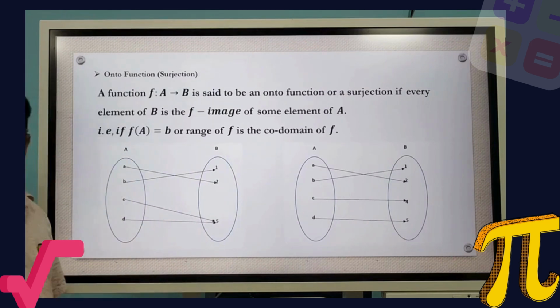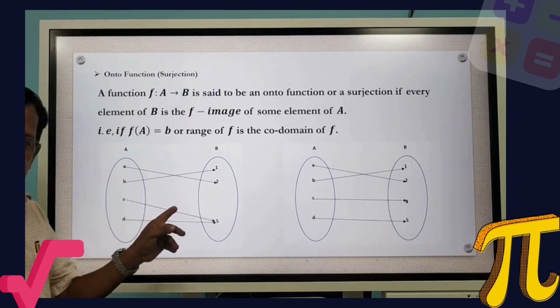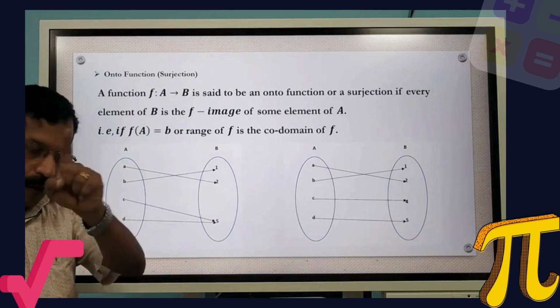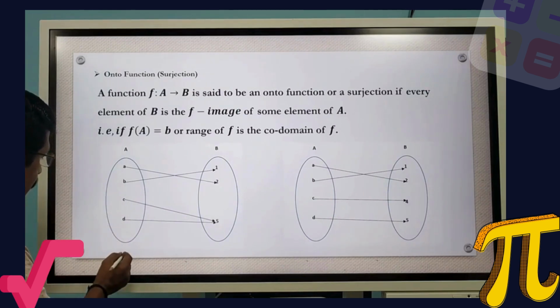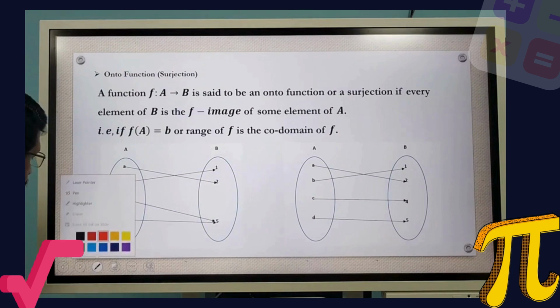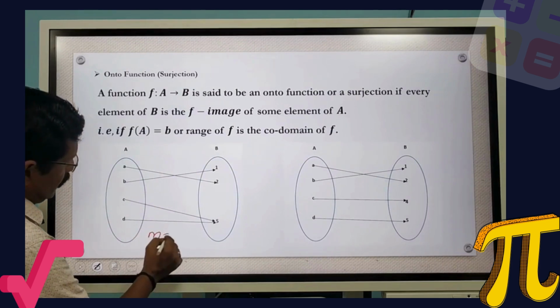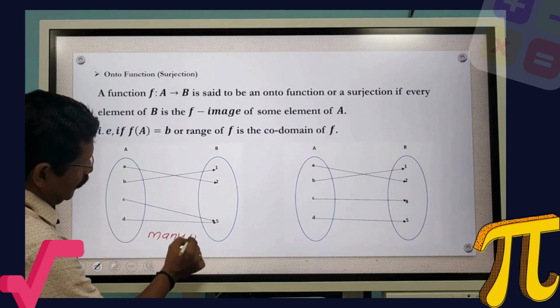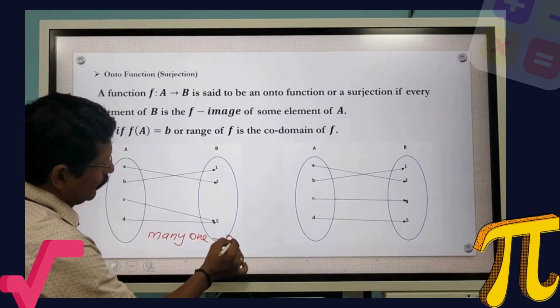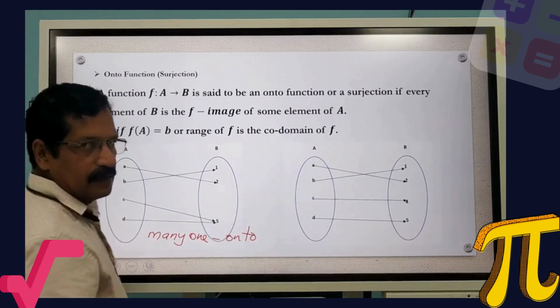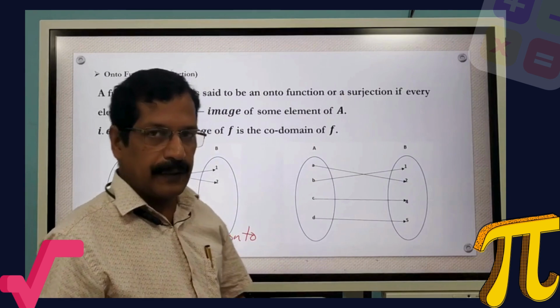So this is many-one also. So this is an example for many-one onto.